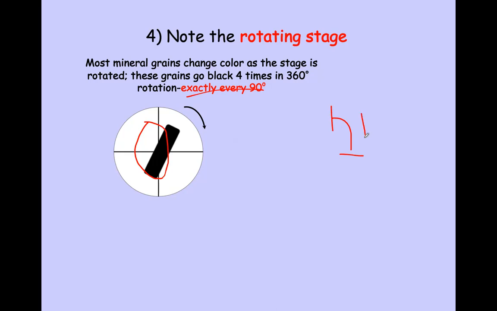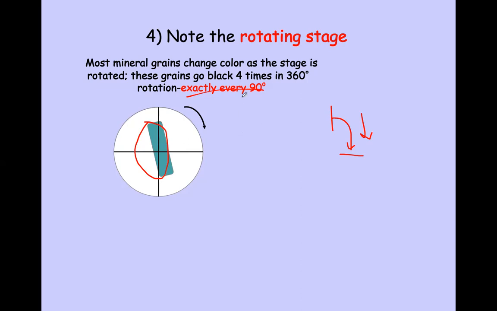You rotate the stage, what will happen? It will become dark. The previous colored mineral, say a green colored mineral, becomes dark. Again, you rotate it another 90 degrees, then it becomes bright, that previous color. Again, 90 degrees, it becomes black. Again, 90 degrees, it becomes bright.